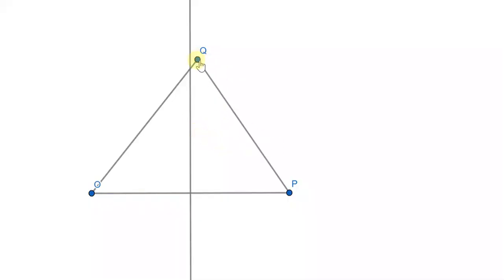Next, let's bisect another line, QP. Line QP. Exactly that way. Next, you can decide to bisect the third line, line OQ, but it is not necessary. Only two lines are enough.